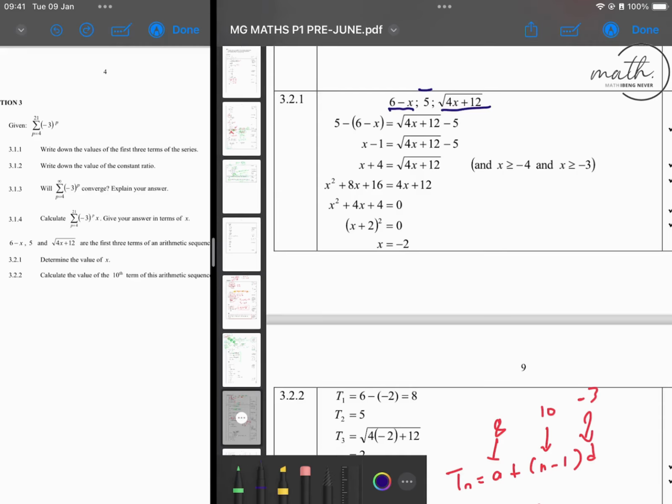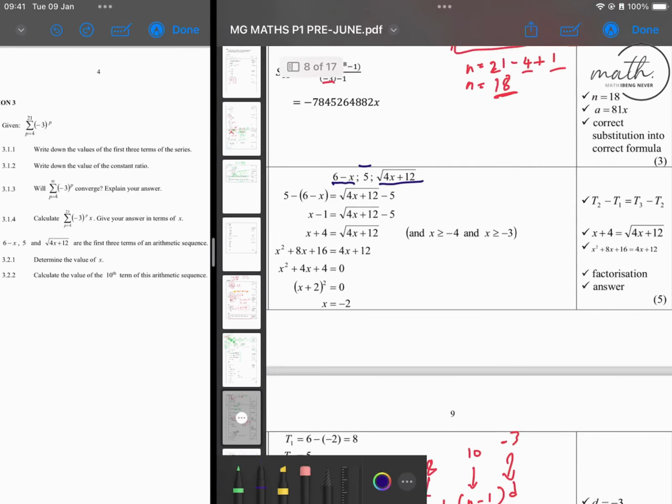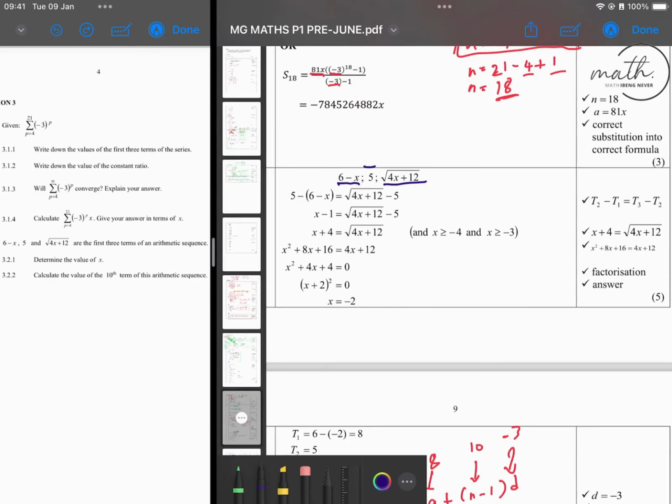Now, they told you it's an arithmetic sequence. That means it has a common difference. So to find x, you use the fact that it has a common difference.